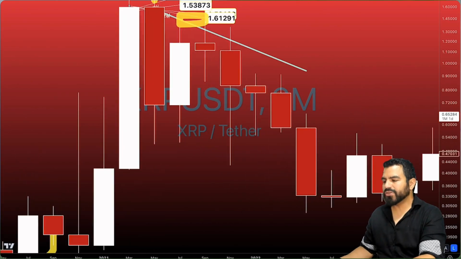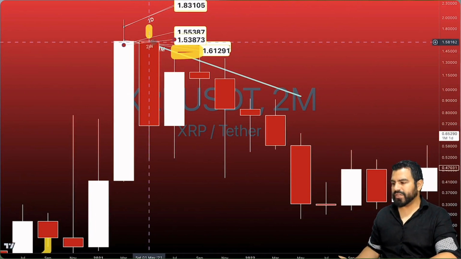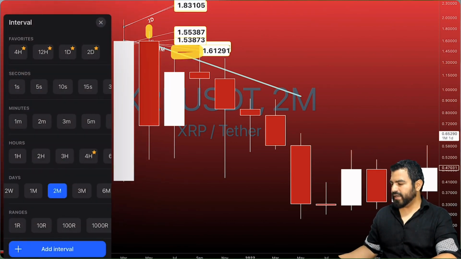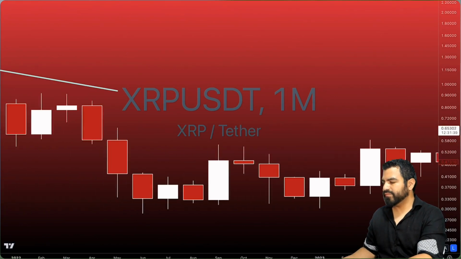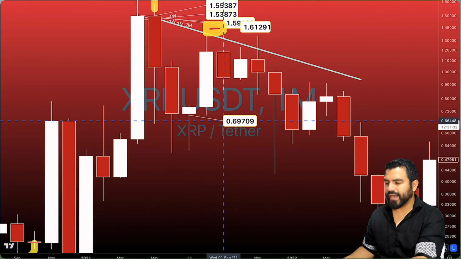Okay, on a 2-month chart, there is no bottom here. It's just that candle. On a 1-month chart, there it is. It's just 2 candles.